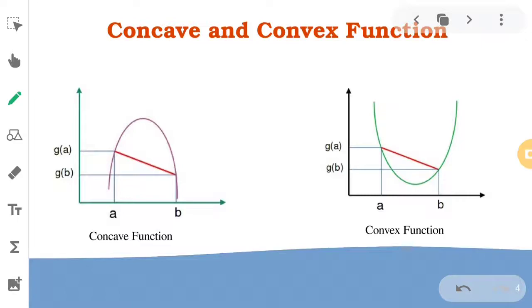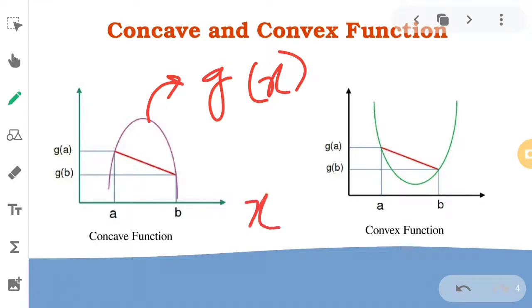concave and convex functions. So what is a concave function or a convex function? Suppose this is a graph g(x), this x and g(x), this is y equal to g(x).